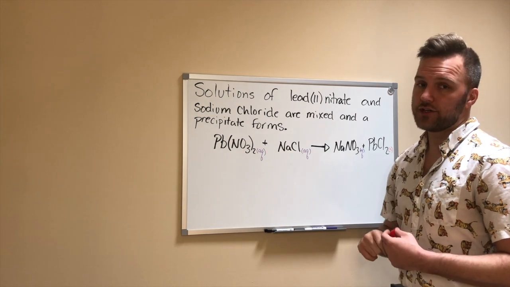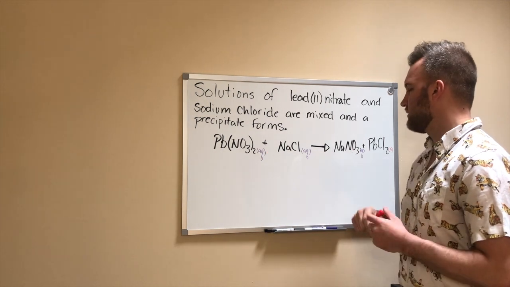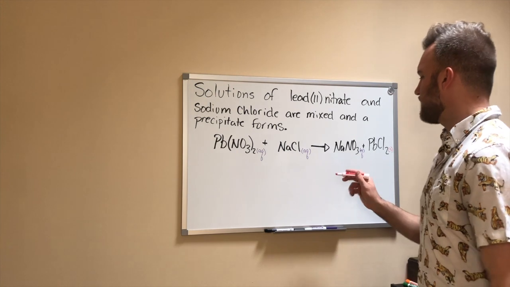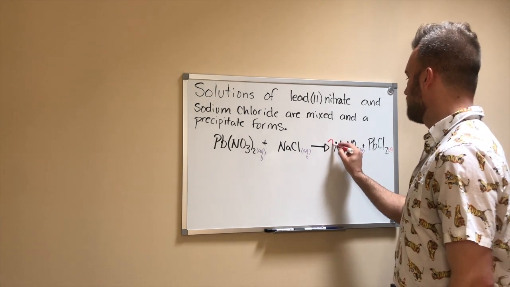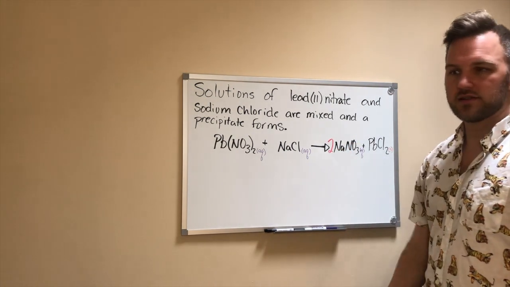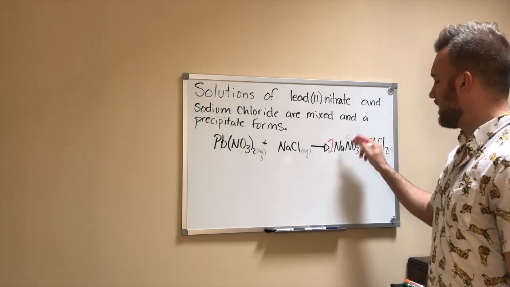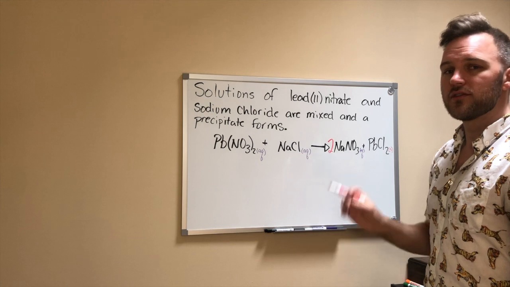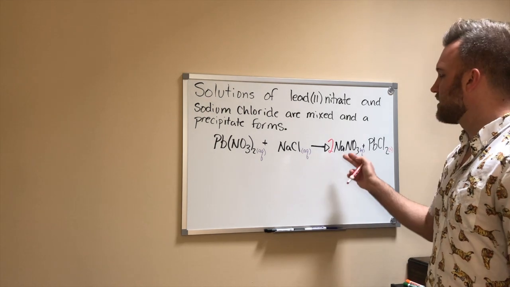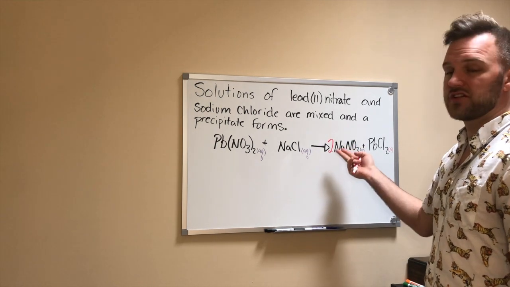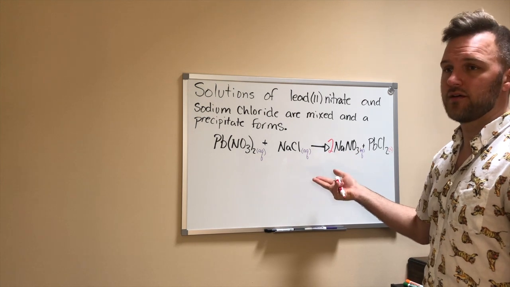So I have 2 total nitrate over here, 1 nitrate over here. So I can use a coefficient of 2 in front of this to make there be 2 nitrate on this side. Remember, I cannot change the subscripts at this point. Those formulas are set by their charges, but what I can do is just increase the number of product particles that I make.